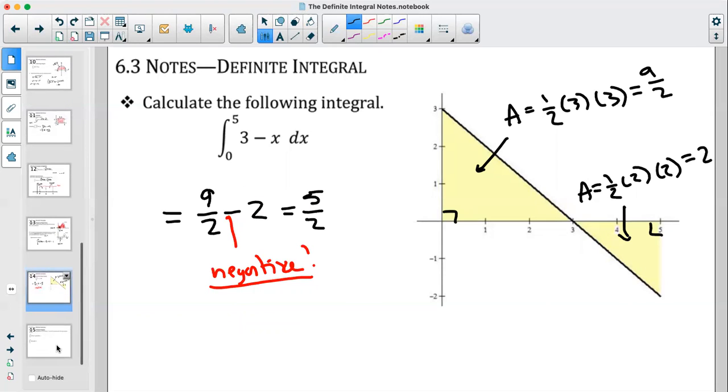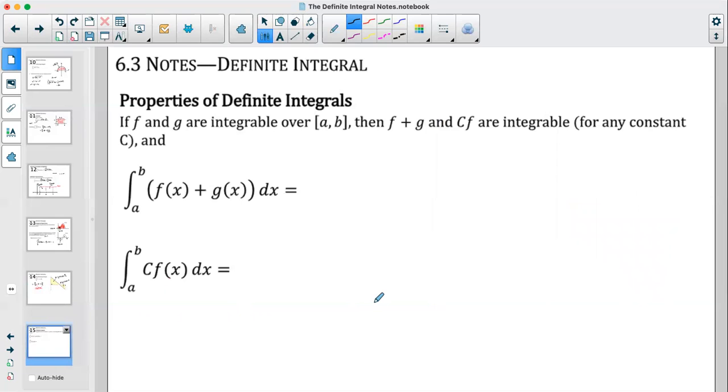All right. Last thing. So these things are integrable. This is just some kind of notes. If I have the integral of two things added, I can take the integral of each one separately and add those together.